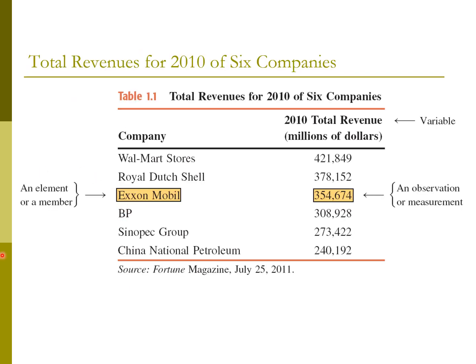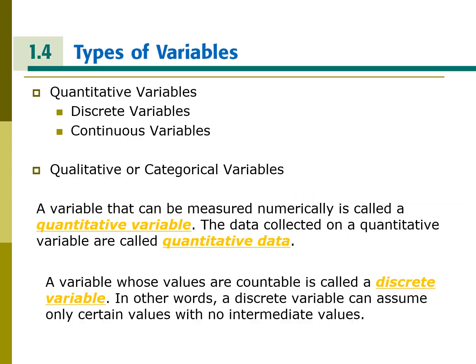So this is an element and this is an observation or a measurement. Types of variables. We have what we call the quantitative, which can also be subdivided into discrete and continuous. And we have what we call qualitative or categorical.